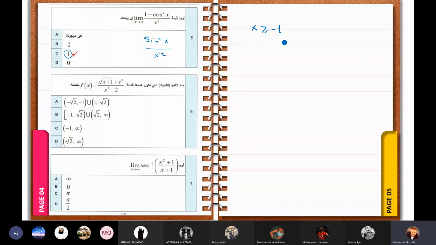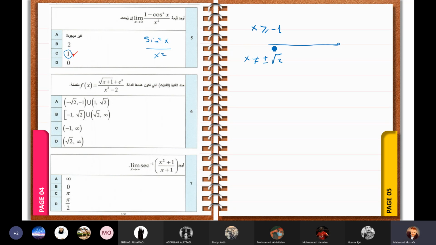So there is no effect here, still the domain is x greater than or equal to -1. What about the bottom? X cannot be equal to positive or negative square root of 2, both.